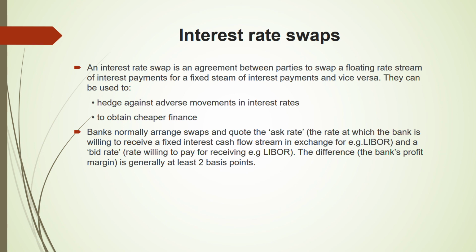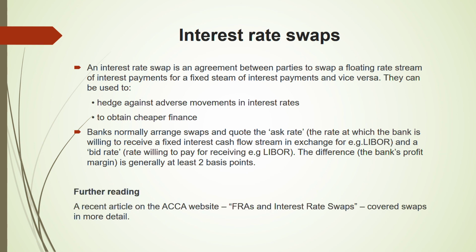Okay, but this is just a range that they are giving. Normally in real life, that's how they make profit. But you don't have to remember this because in the exam they will tell you what the bank is willing to pay and how much you have to pay to the bank. For further reading, you can read a technical article on ACCA on FRA and interest rate swap, which covers swap in more detail.